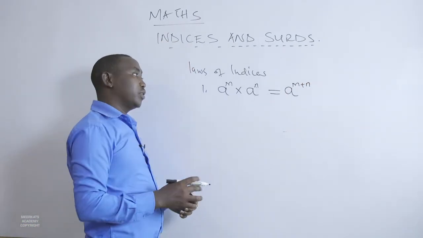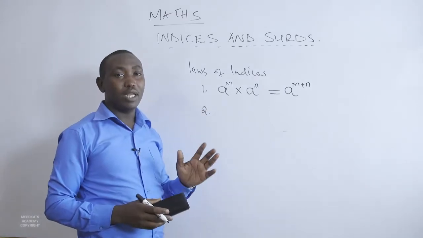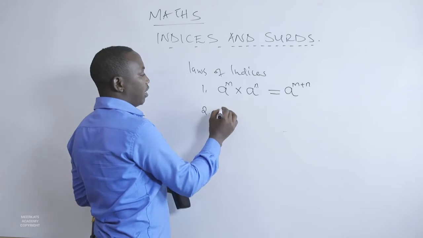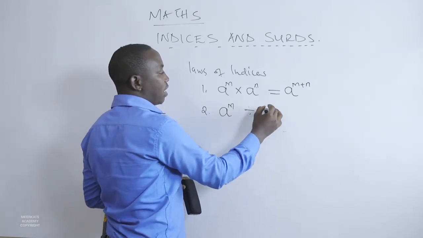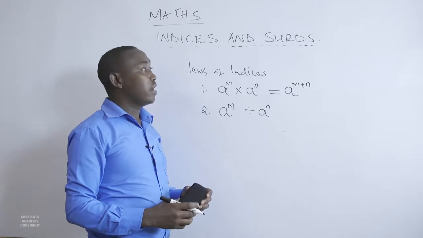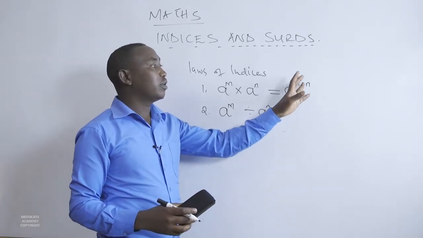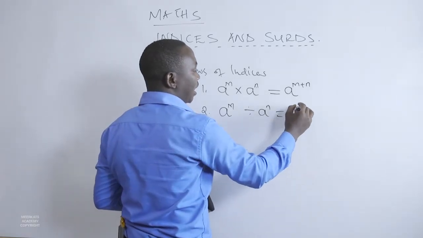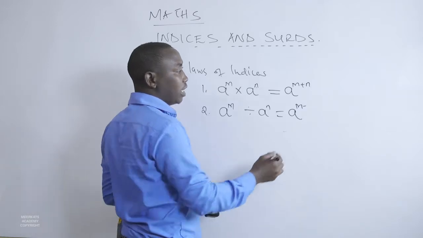Law number 2 is on division of indices that have the same bases or factors. If we have a raised to m divided by a raised to n, then we subtract the powers, and this gives us a raised to m minus n, the difference of the powers.